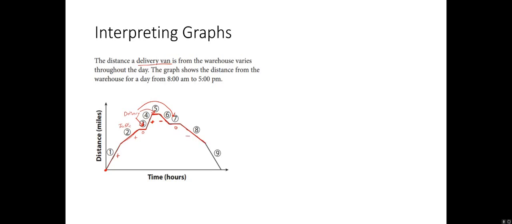But all of a sudden it speeds up for segment 9 as the van gets back to the warehouse. Maybe they had traffic here, who knows? But this is a graph giving that situation, or that story, for that van. You can make whatever story you want.